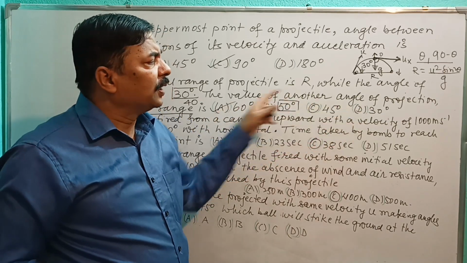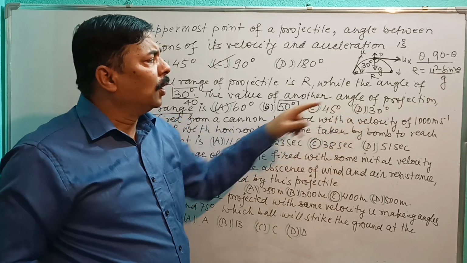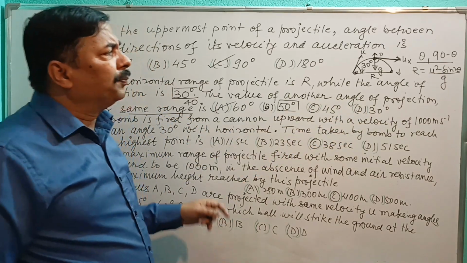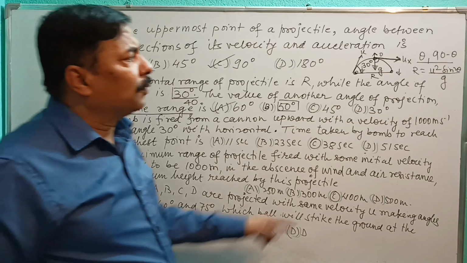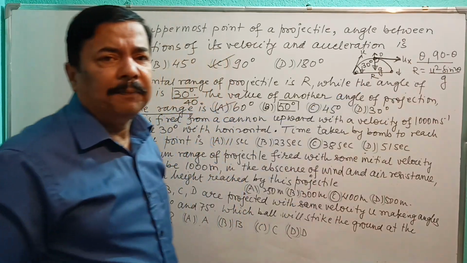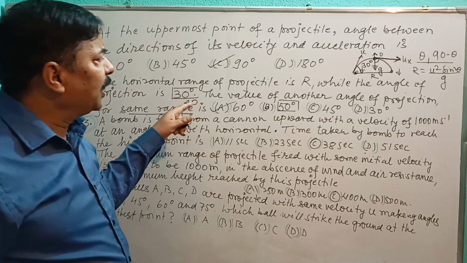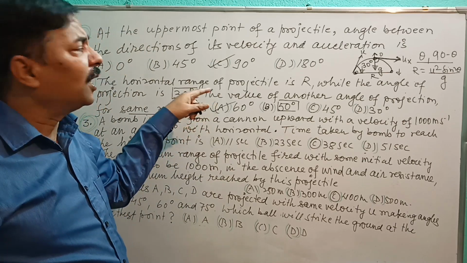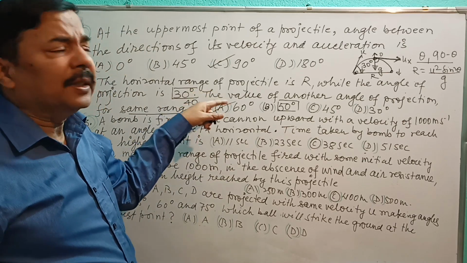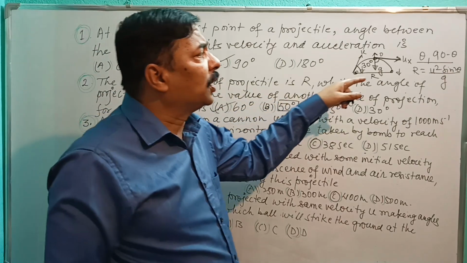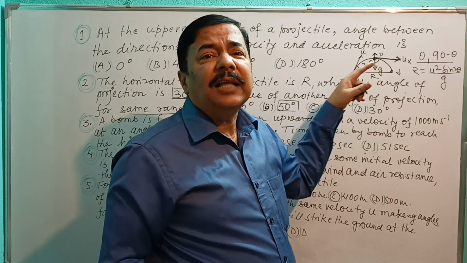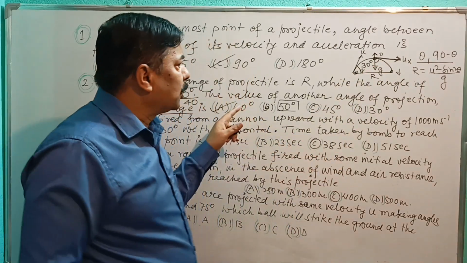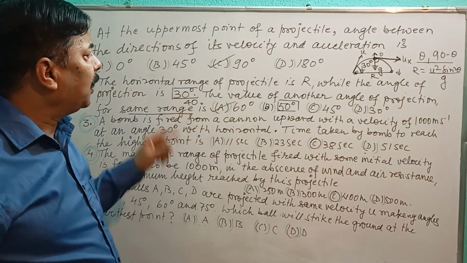The only thing you have to keep in mind is that for the two angles of projection with the same range, one is theta and the other is 90 minus theta. This tests your basic understanding of the concept, whether you know this fact or not, that for two angles of projection the projectile has the same range. So this is also one of the basic fundamental questions.